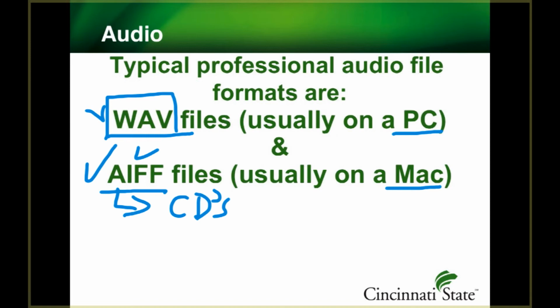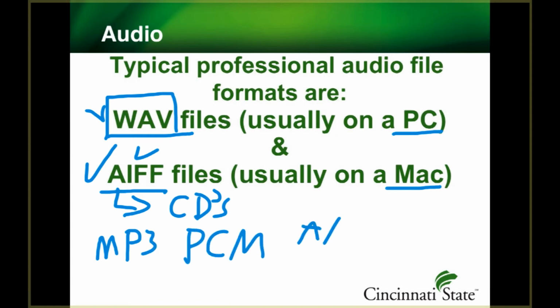Now there are other formats out there. I'm sure you've heard of MP3s. You have PCM. There's AAC and a host of other kinds out there. They all have their own different ways of playing back, and the computer needs to be able to understand these. These are all called codecs.